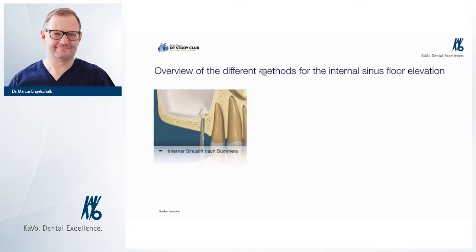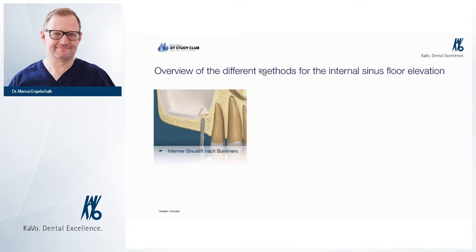Okay, coming back from the X-rays now, what different methods do we have at the moment for the internal sinus floor elevation? There are different methods, and just check it. Well, the aim of the internal sinus floor elevation is very clear. It's the elevation of the Schneiderian membrane without any damage to the membrane, any damage to the bone, any perforation, and without a lateral access window.